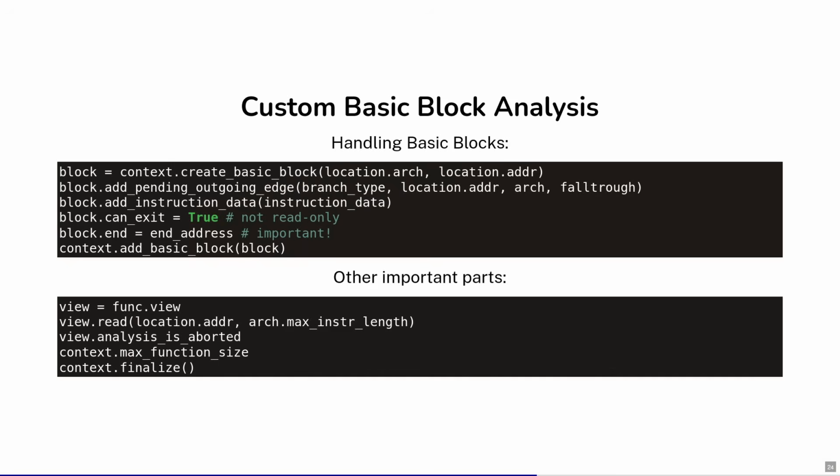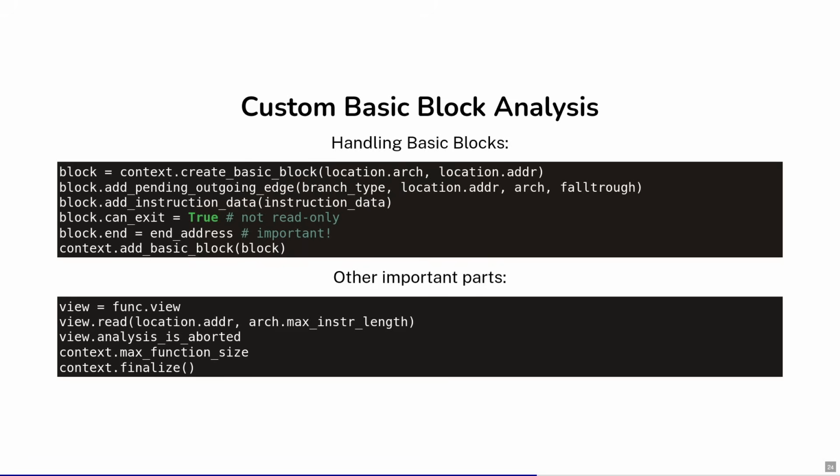Then we want to add outgoing branches for each basic block. This takes a branch type, and that is also why the instruction info is not strictly necessary, because we pass the branch type there, and what we do with the branch type, and if we actually use branch information before, is completely our choice.